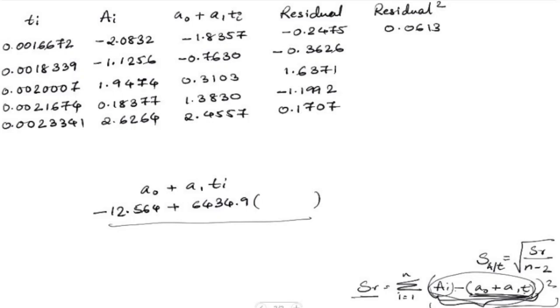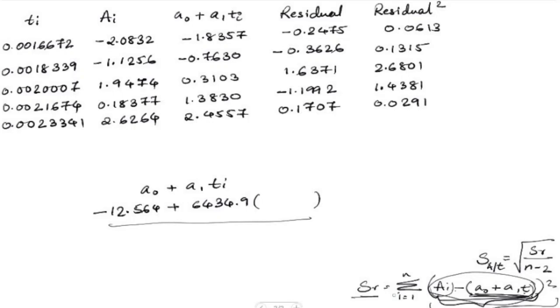And now we just square the residuals, and that will give us the values here, 0.0613, then we have 0.1315, then we'll have 2.6801 and 1.4381 and 0.0291, right?